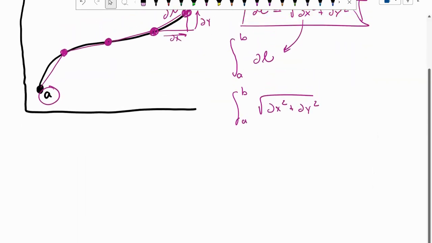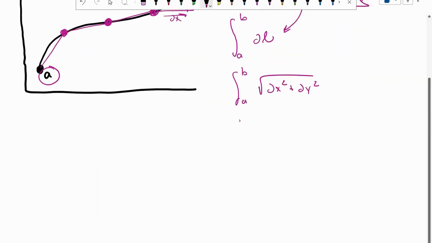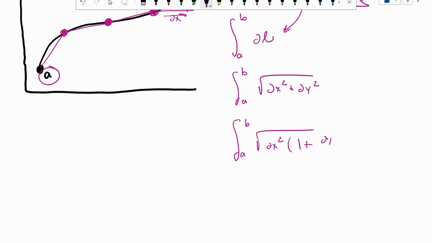I will factor out a dx squared. Now that leaves us with this integral from a to b, the square root of dx squared times 1 plus dy squared over dx squared. Now let's simplify that even more.